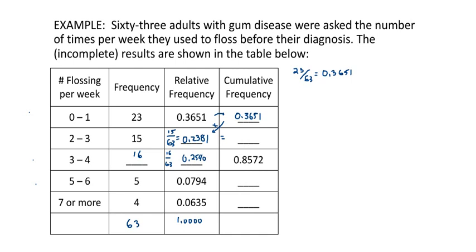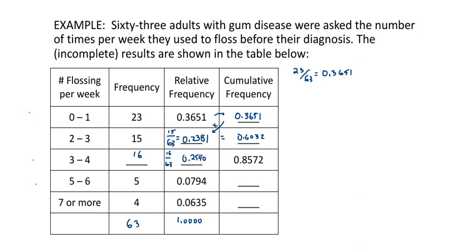So we take our 0.3651 and add that to 0.2381, and our cumulative frequency right here will be 0.6032.